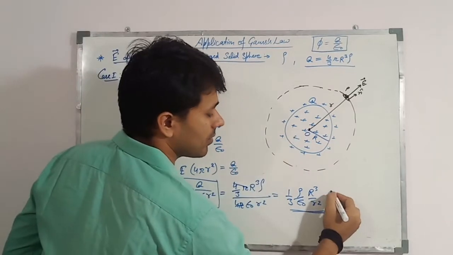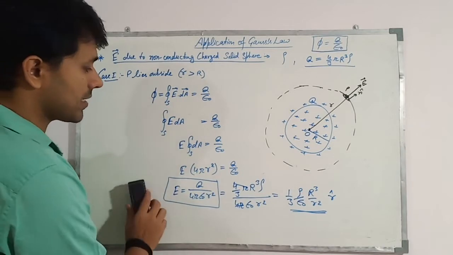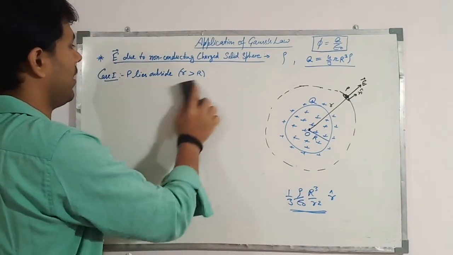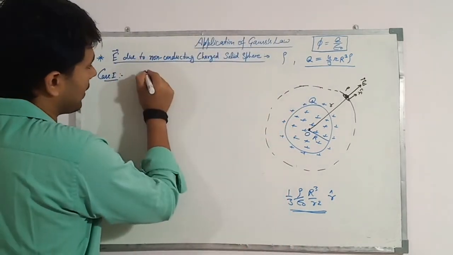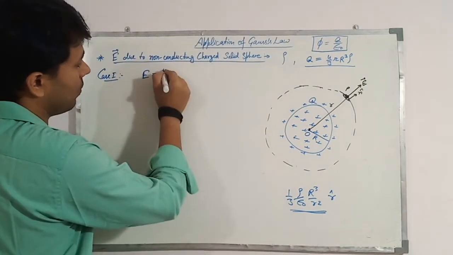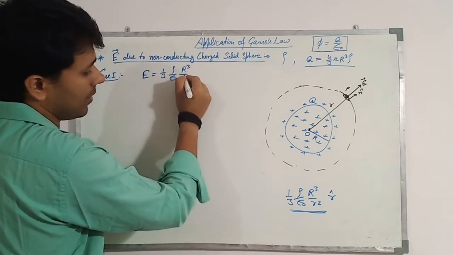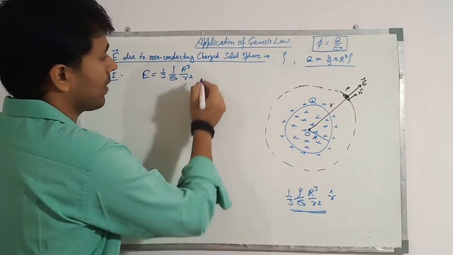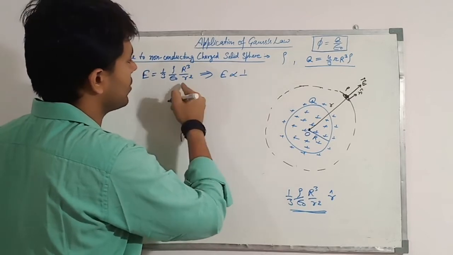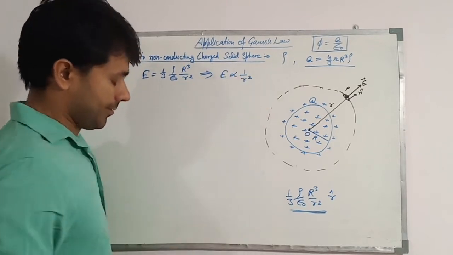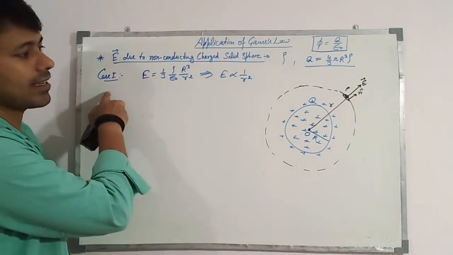The direction of the electric field is radially outward. So for the first case, the electric field intensity is 1 by 3 rho upon epsilon naught, R cube by r square. From here we can see the electric field is directly proportional to 1 upon r square.